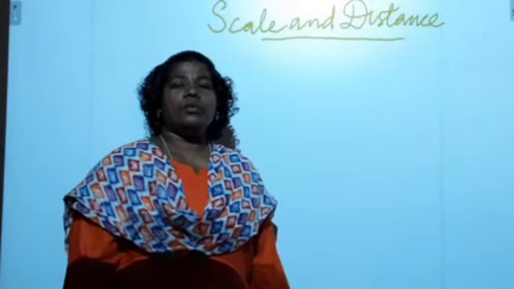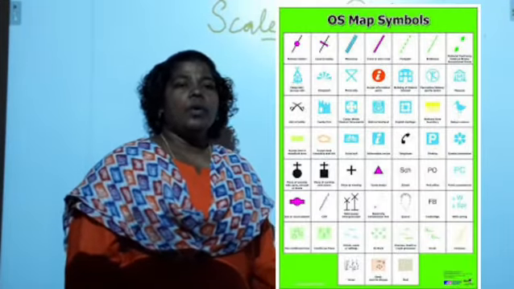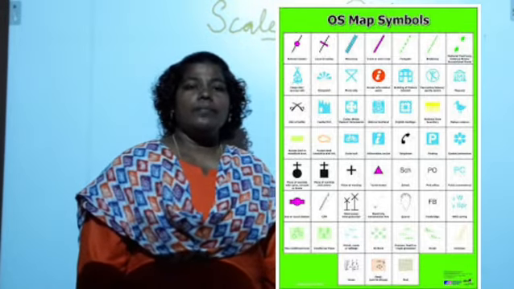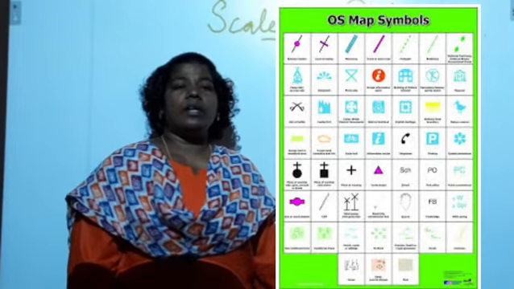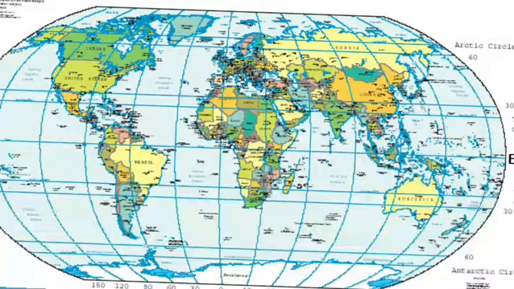Okay, and the last one is grid system. Grid system helps us to locate the places. Okay, grid system made of 2 lines, horizontal and vertical lines. Okay, the horizontal lines are known as latitudes and the vertical lines are known as longitudes.